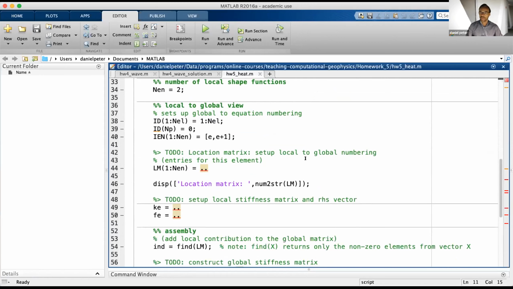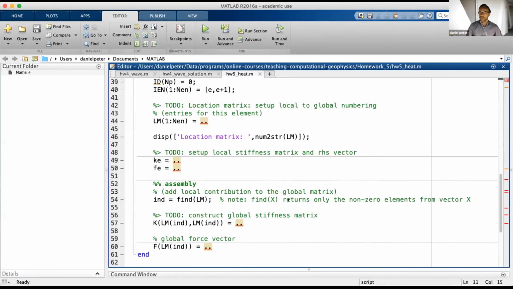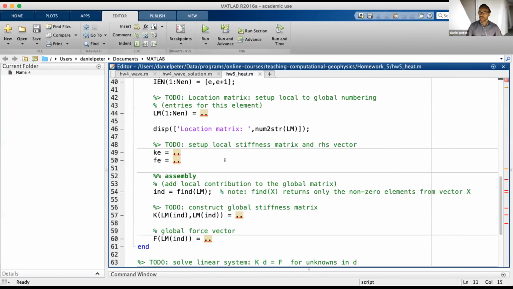coding. So you can think of putting up your location matrix, and then compute the local stiffness matrix and the right-hand side of the force vector, right-hand side vector.